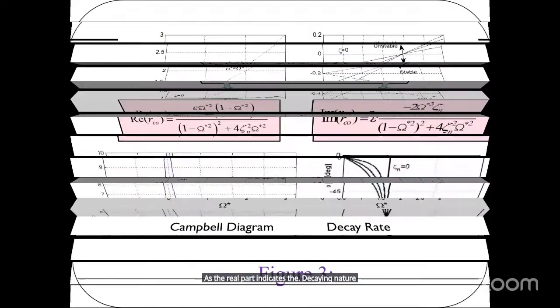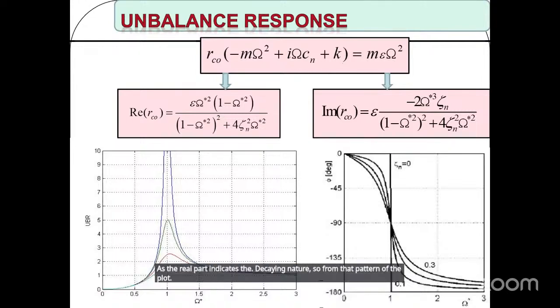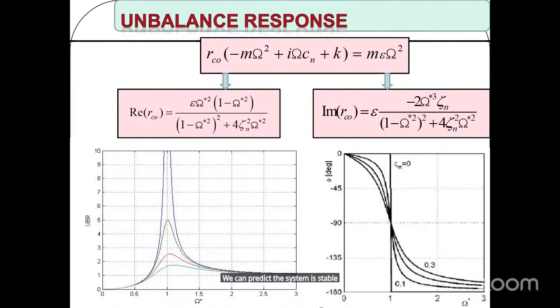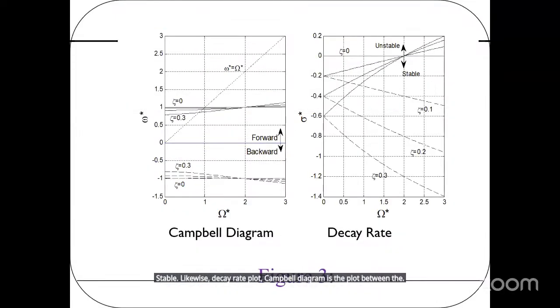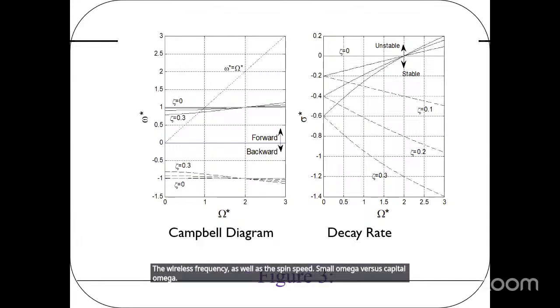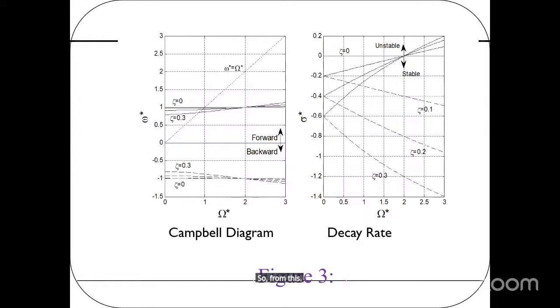From the pattern of the plot, we can predict whether the system is stable or unstable. If the decay rate plot exceeds the zero line, the system becomes unstable. If it is below the zero line, the system is stable. Likewise, the Campbell diagram is the plot between the whirl frequency, small omega, and the spin speed, capital omega. From the Campbell diagram, we can predict the natural frequency or critical speed of that system.